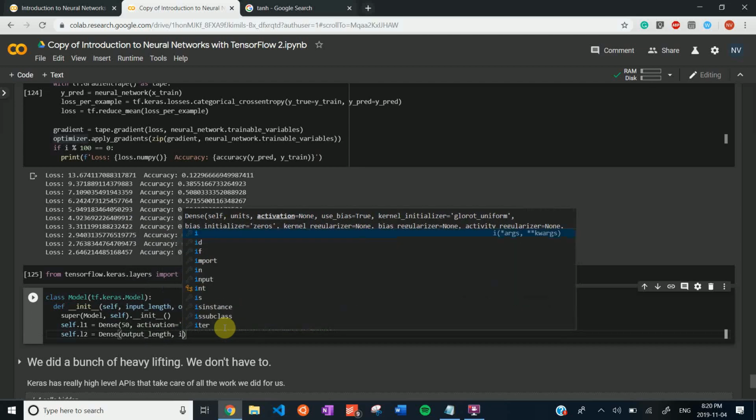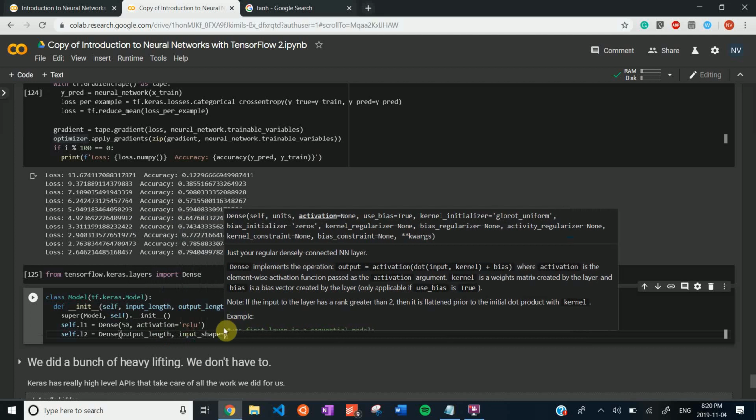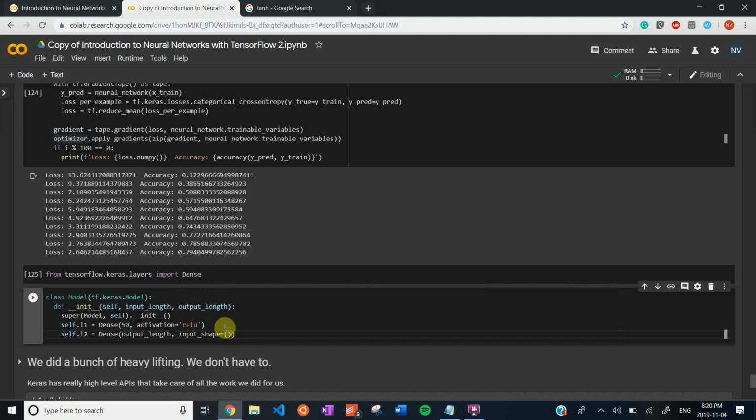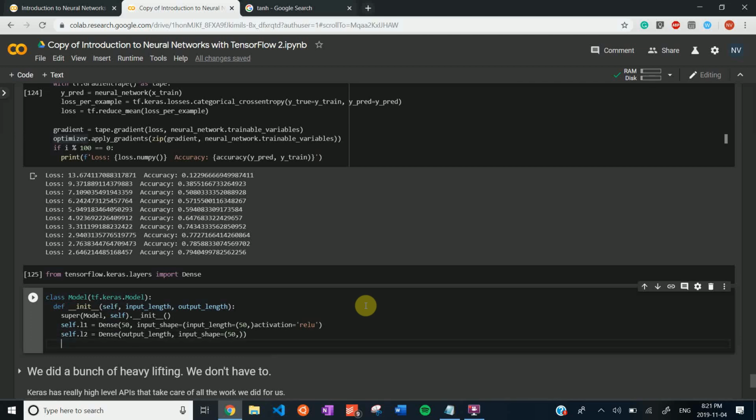We don't have to define the input shape, but if we want to, we could define the input shape to equal the 50 that we had before. And here also, if we wanted to, we could define input shape, which is equal to the input length. And the reason I'm making this a tuple is because that's what it has to be. It's a shape. Sometimes you can directly pass in images, and so they'll have 2 dimensions, for example.